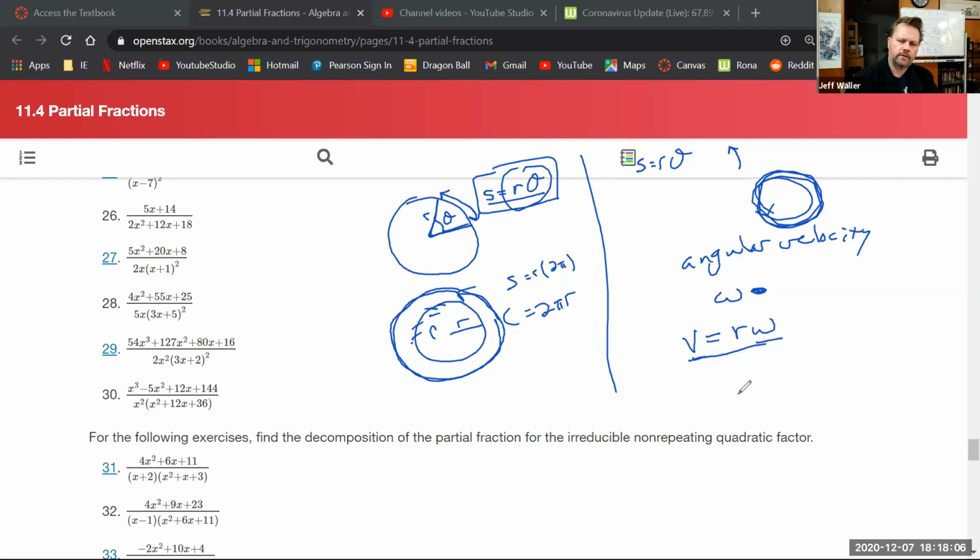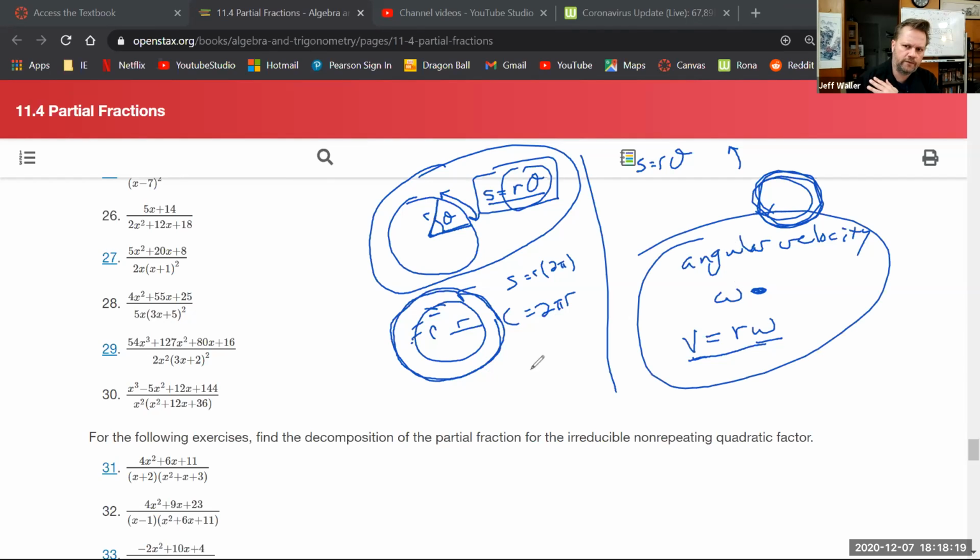Let me think. All right, I'll tell you this. I don't normally tell people too much about what I'm going to put on the final. I could have something like this, but I'm not going to talk too much about angular stuff. In fact, I'm just not going to put angular stuff on there. So feel happy about that.